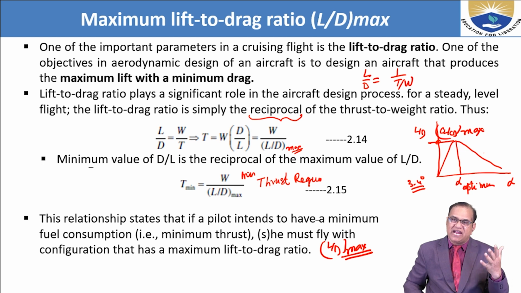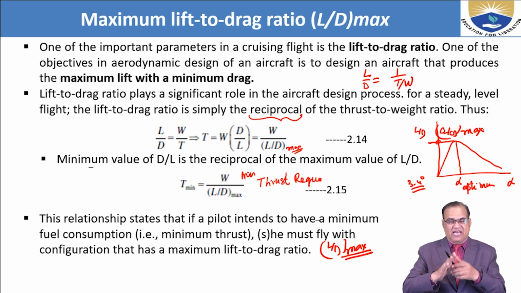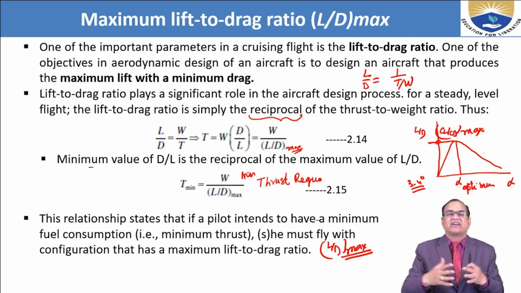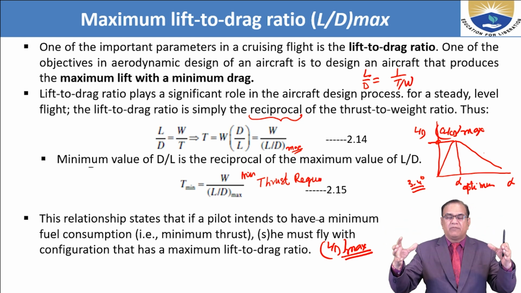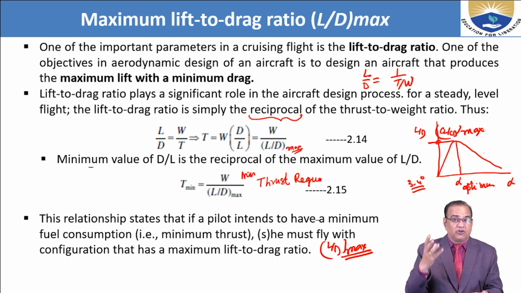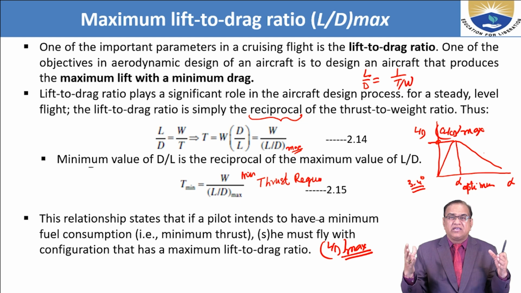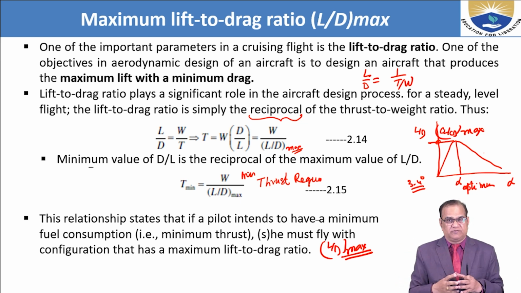So, your endurance and the range of the aircraft will be very high. Range is the distance which the aircraft covers with a given amount of a full tank of fuel. And endurance is the maximum time the aircraft can be airborne with a given amount of a full tank of fuel.